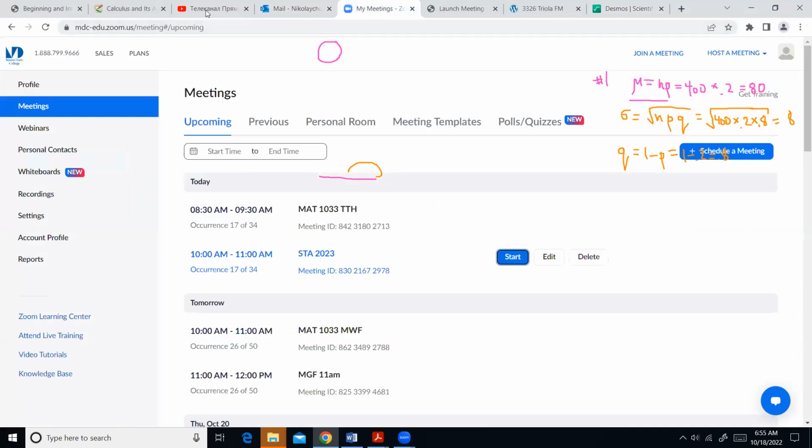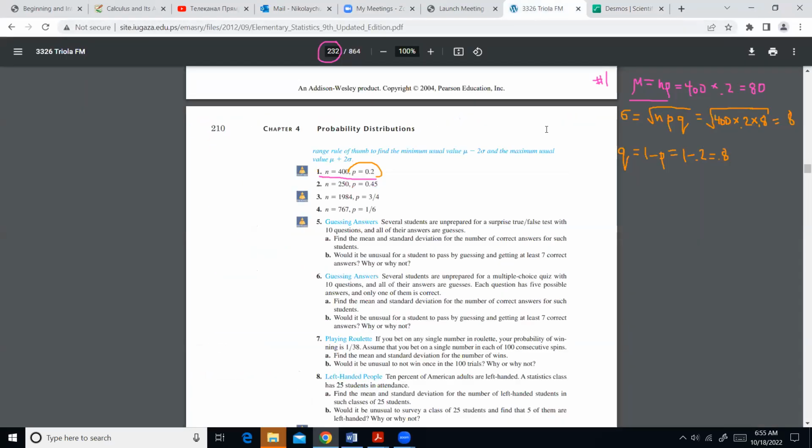So where's my book here. We actually asked in this exercise to look at the mean and 2 standard deviations. So they decided to go from 80, which is the center, the mean for this distribution, to the right by 8, and then do this once again, and you get 88, and if you add another 8, it'll be 96, right?